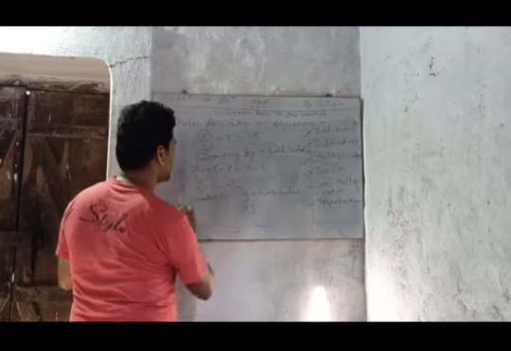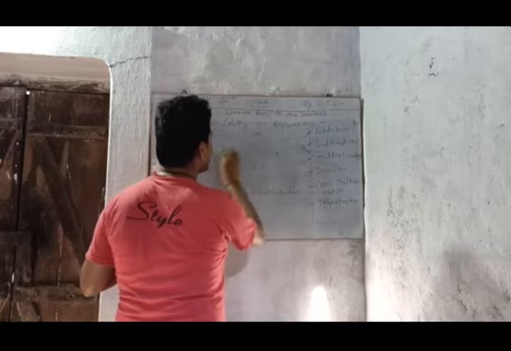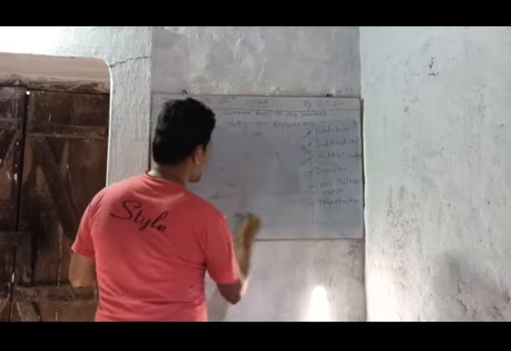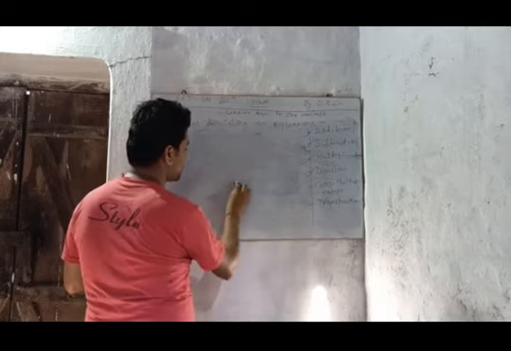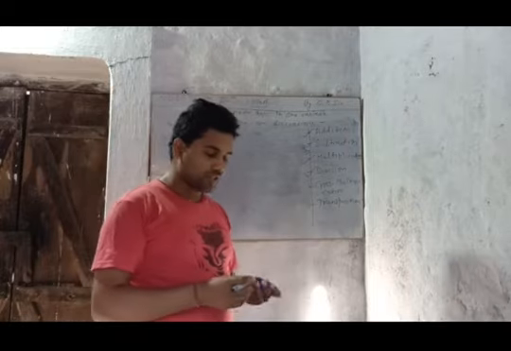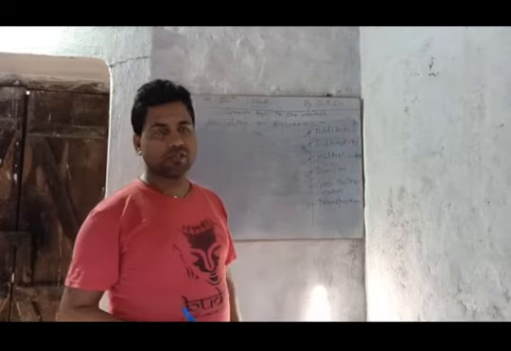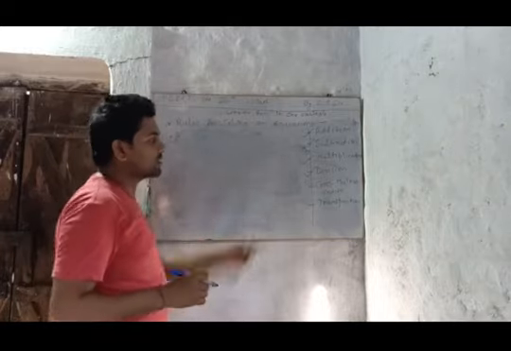Coming to the next type, we have to discuss actually all 6 rules for solving an equation. For that, the first 4 we have discussed. Dear students, now we will talk about cross multiplication and transposition. So in the third example, we will discuss these two.